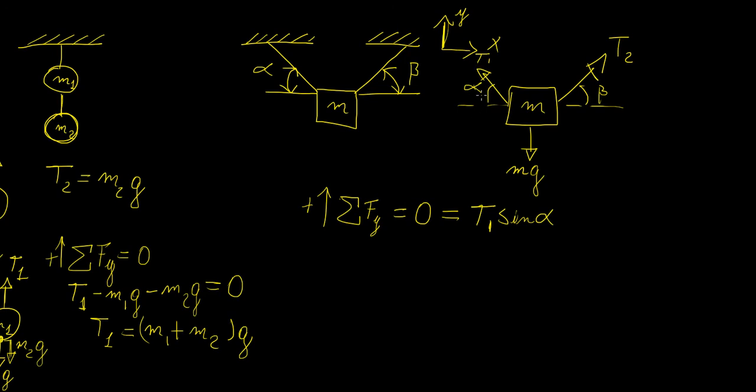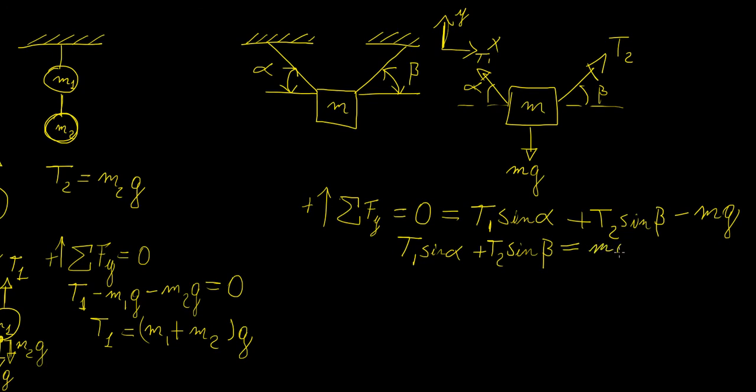This vertical component is T1 sine alpha plus T2 sine beta. And then we have the weight that is going straight downwards here, so that's going to be mg. So in the end, T1 sine alpha plus T2 sine beta are going to be equal to mg. That's very straightforward.